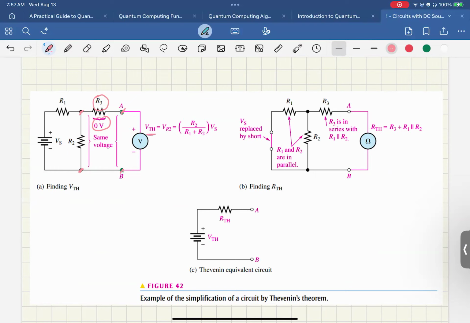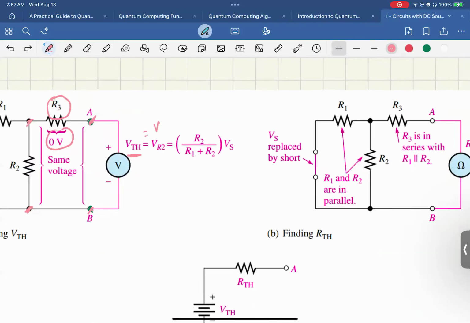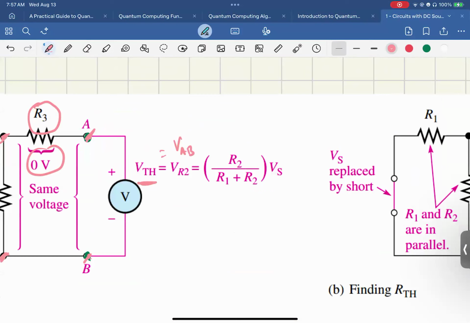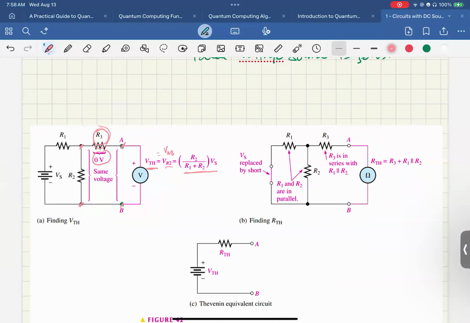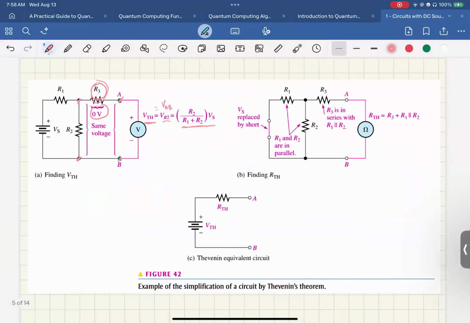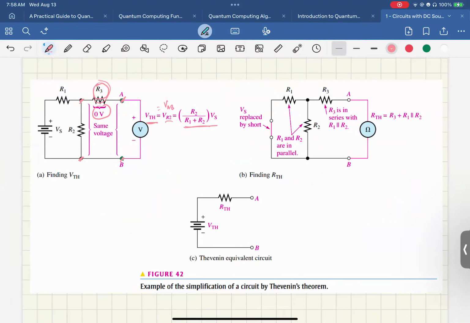So VTH is equal to VAB and it's also equal to VR2, because we know R3 has no effect. Since VR2 is the output of the voltage divider circuit, the Thevenin voltage is just the voltage divider output across R2. So this is just one example that shows how to solve for VTH.